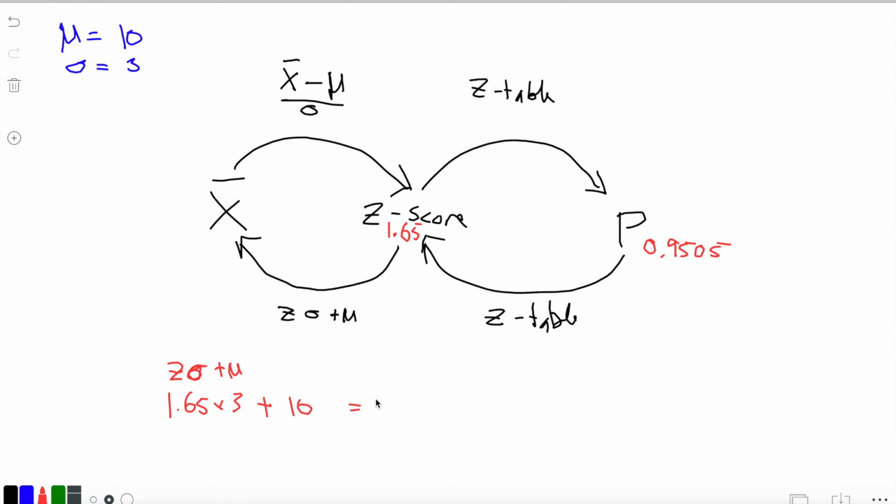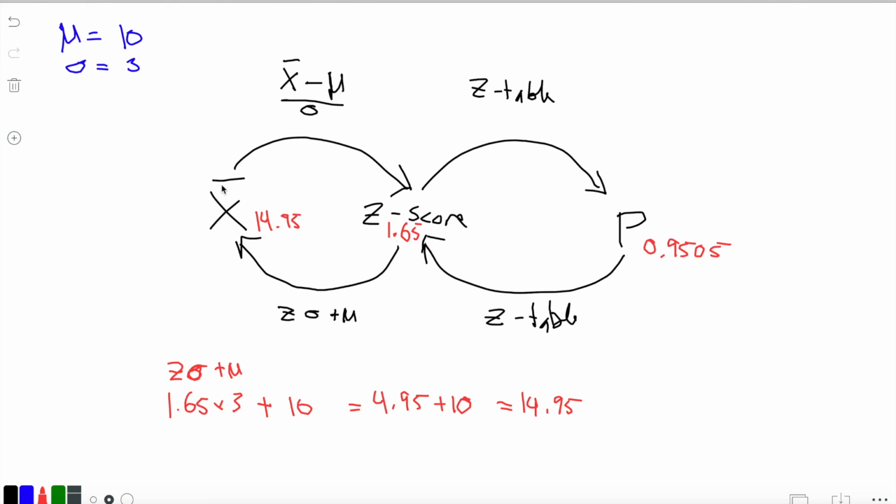So that equals 4.95 plus 10. So 1.65 times 3 is 4.95 plus 10 equals 14.95. And that is our mean.